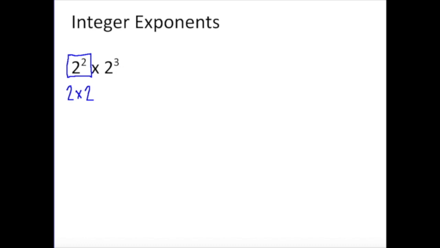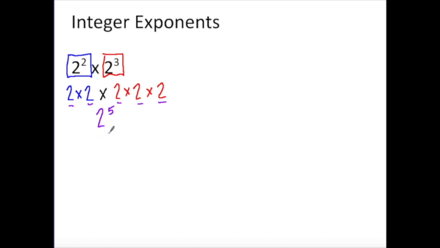So now let's look at 2 to the third power. 2 to the third power is the same thing as 2 times 2 times 2. So if we were going to simplify that, I'll go ahead and bring my multiplication symbol down. I could say that 2 squared times 2 to the third power is the same thing as 2 to the 1, 2, 3, 4, 5 to the 5th power.